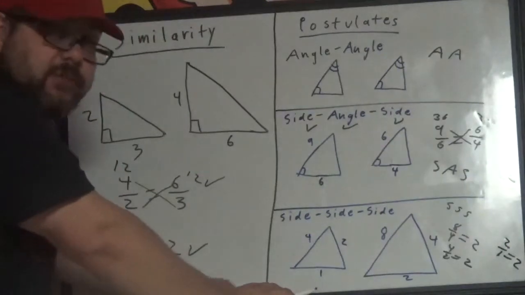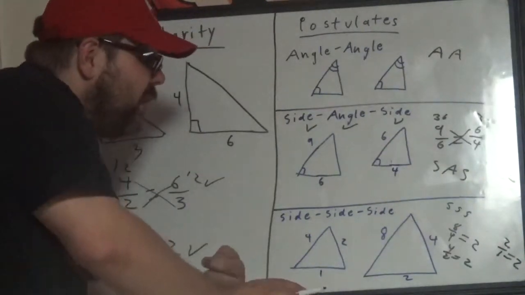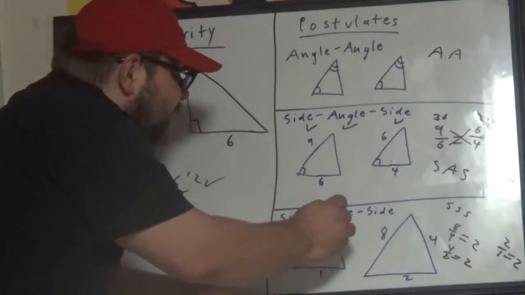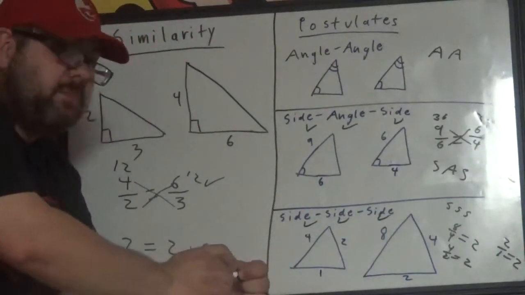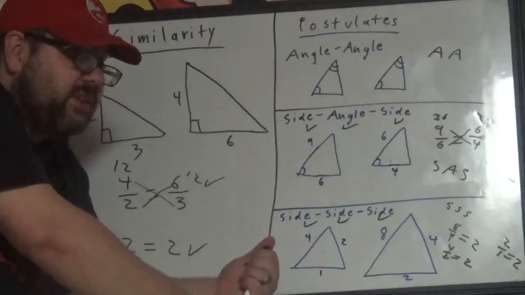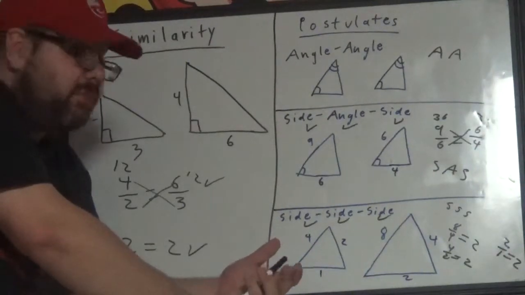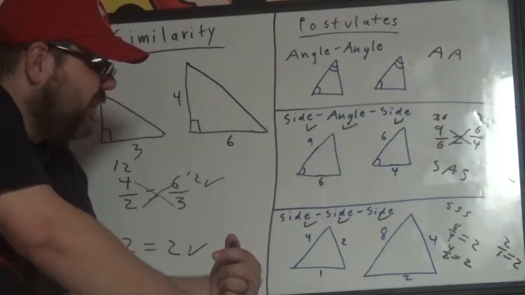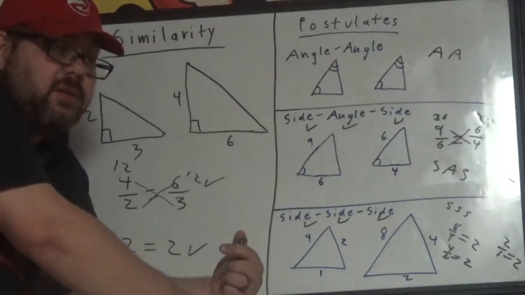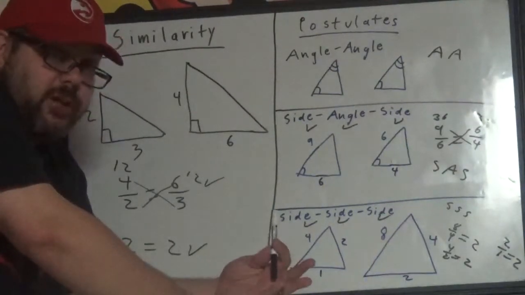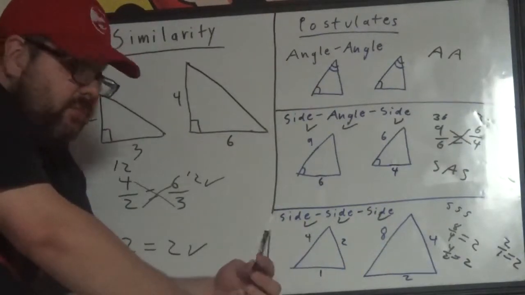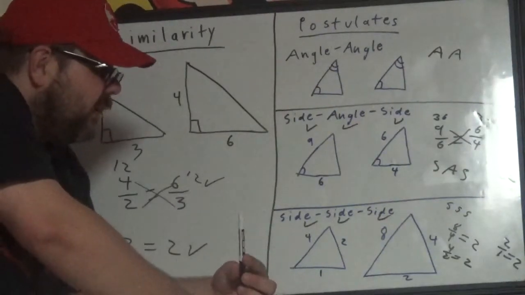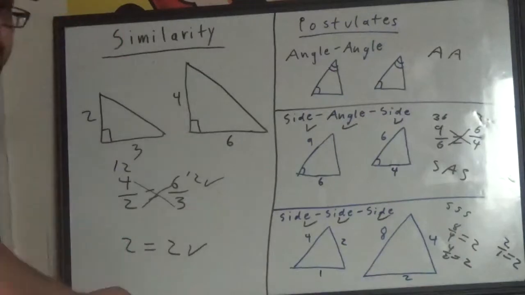So all 3 give us the same numbers. So side, side, side, they all check off. And that's, by definition, what a similar triangle is, it means it's the same shape. So if all 3 sides are proportionate to each other, then they're obviously the same shape, but different sizes.